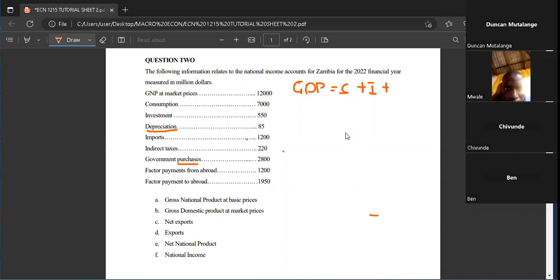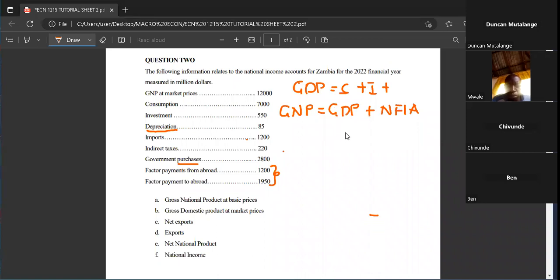All right. So GDP and GNP have a relationship. GNP is equal to GDP plus what is known as net factor income from abroad, which is just the difference between these two. You've seen these two here?